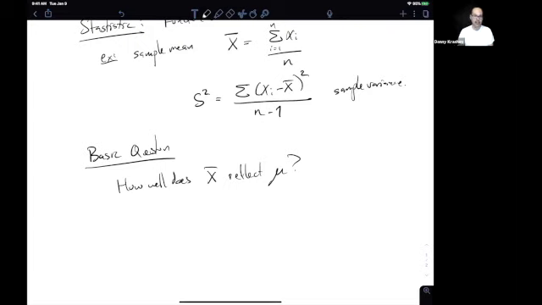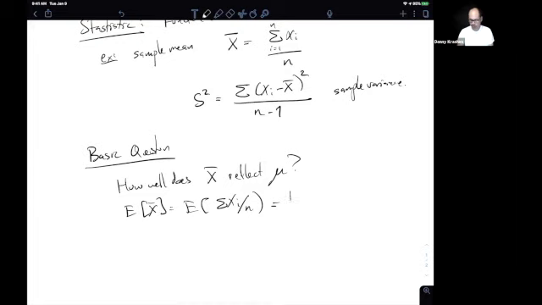Okay, so of course we can say a couple of things off the bat. We can talk about the expected value of the sample mean and the variance of the sample mean. We know how to do that kind of thing, so let's just briefly do it. So of course the expected value is the expected value of this sum. So the sum is from i equals 1 to n, but I guess I'm being a little lazy and not writing that.